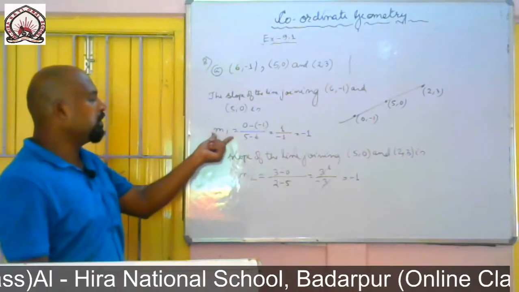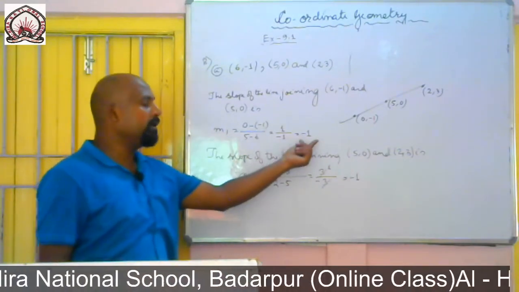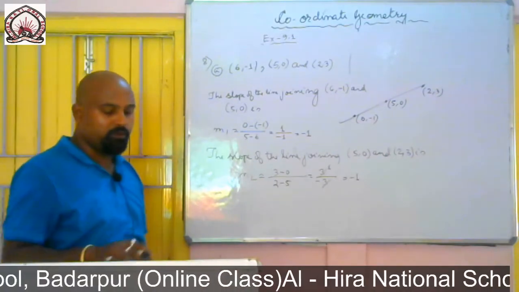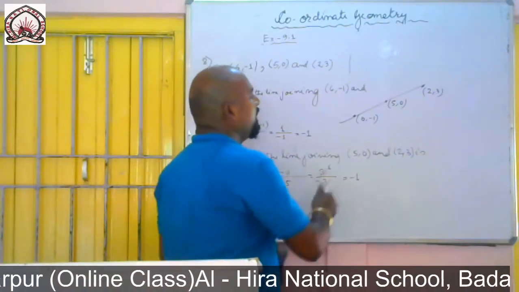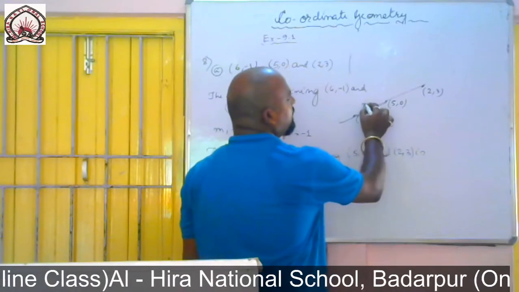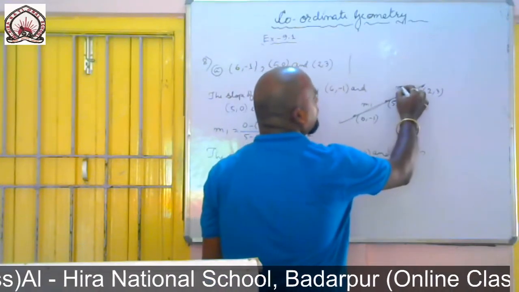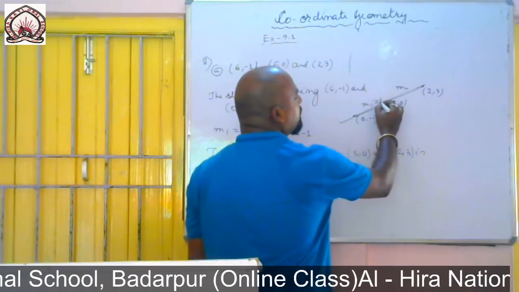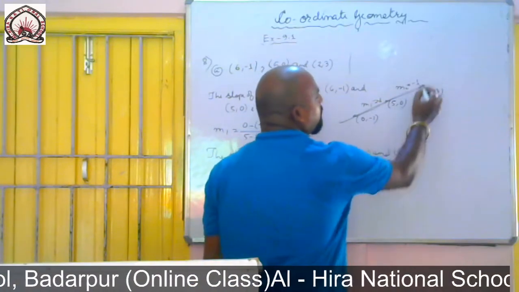See here, the slope m1 is minus 1 and m2 is also minus 1. So the slope of this line is m1 and this one is m2. The value of m1 is equal to minus 1 and this one is equal to minus 1.